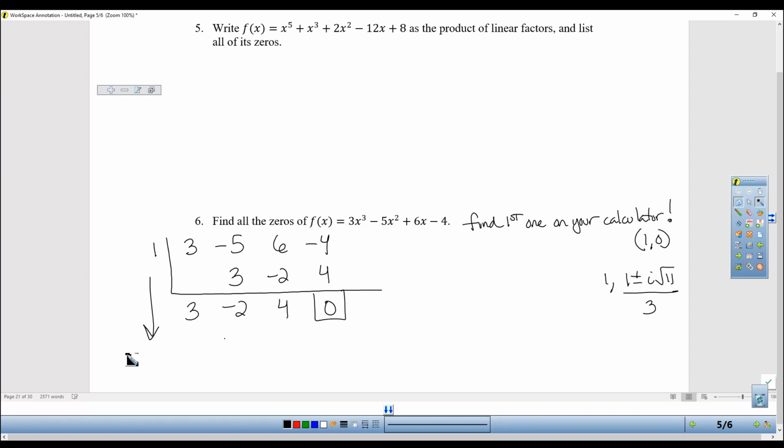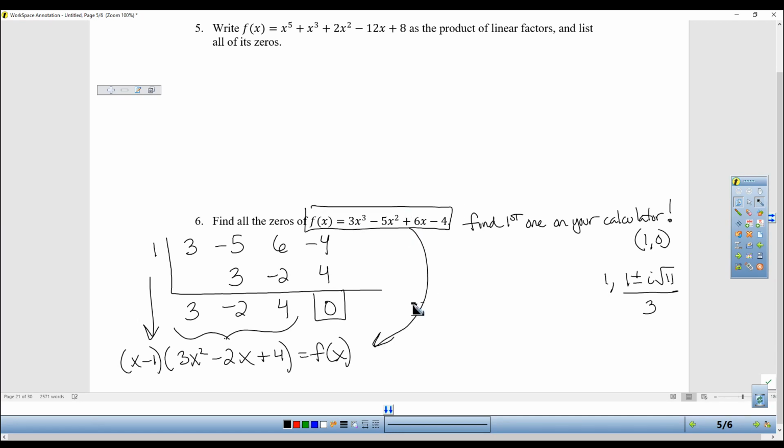So this means one of the factors is x minus 1, and all of this means the other factor is 3x squared minus 2x plus 4. This is another way of writing f of x. So this and this are equal to each other.